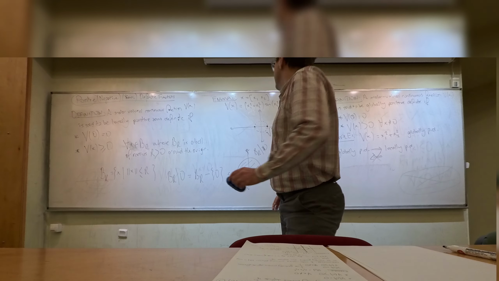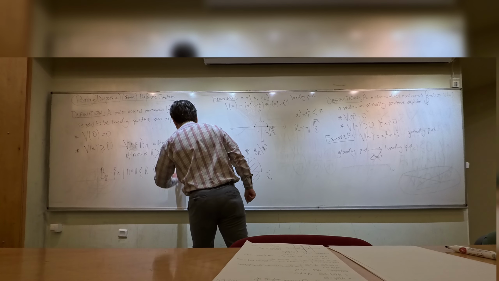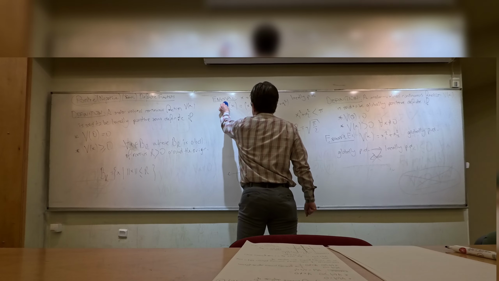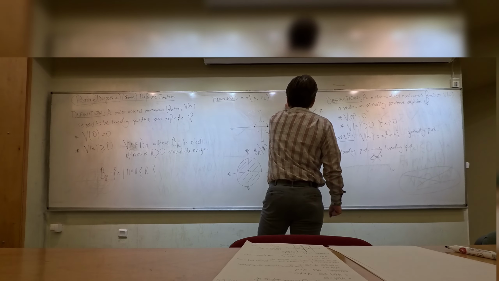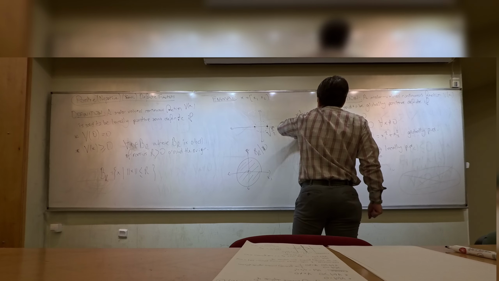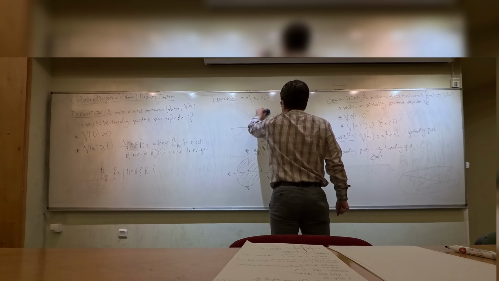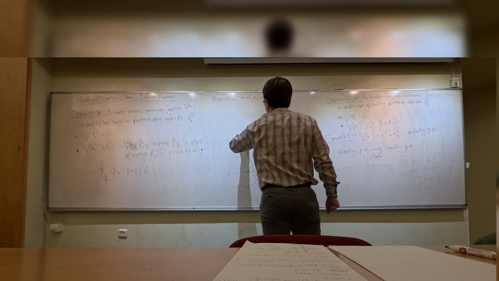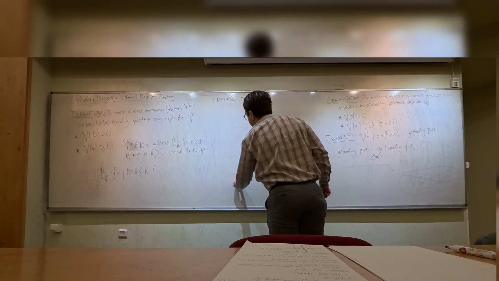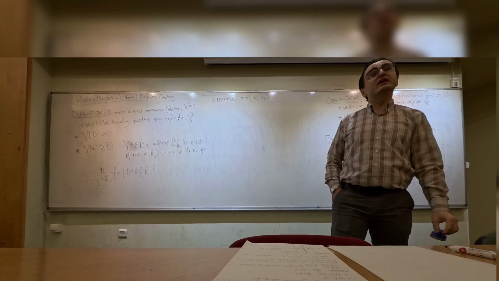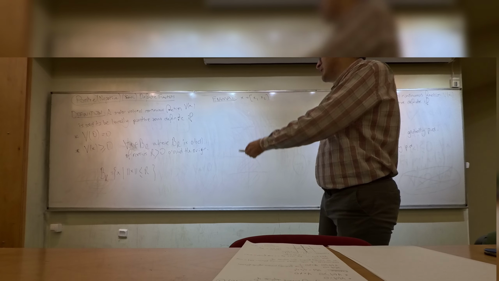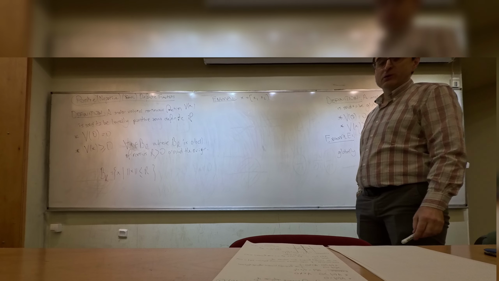So a function is locally positive semi-definite if and only if we can find a ball around the origin such that in that ball the function always has non-negative values.